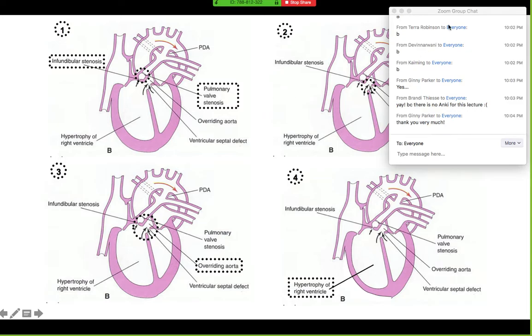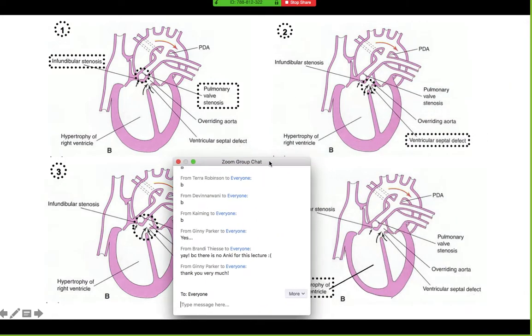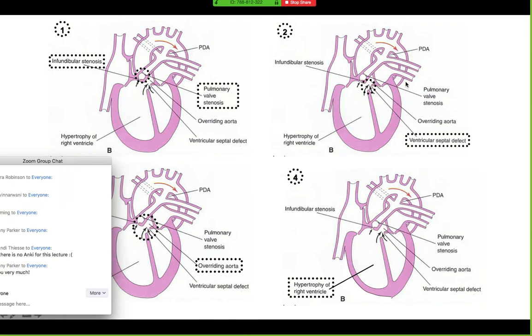And that's going to lead to 3 different compensations because of that pulmonary stenosis. So the first one is going to be a ventricular septal malformation. And, again, this results from that membranous IV septum not forming.